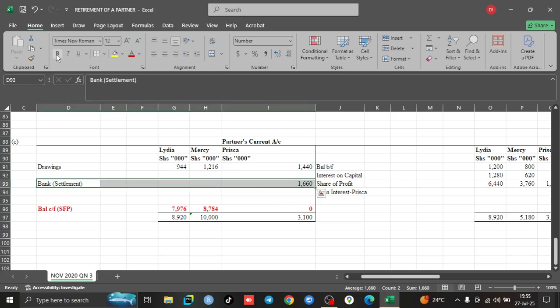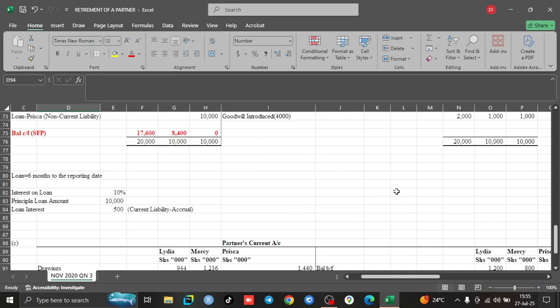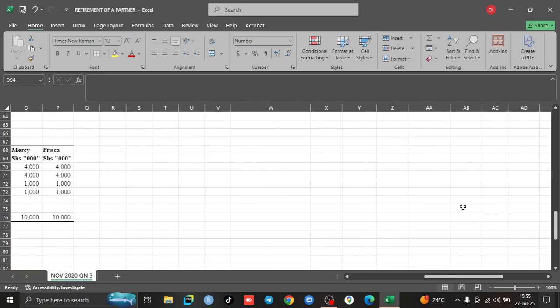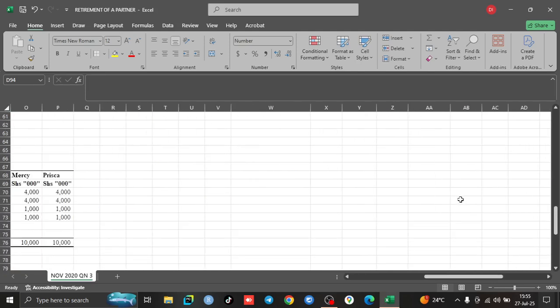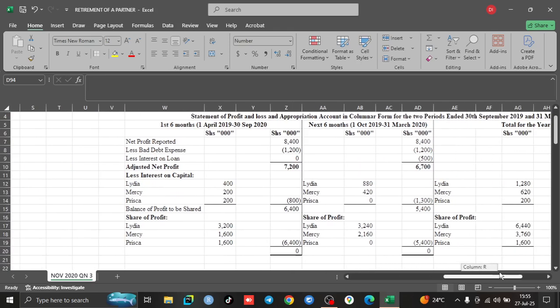We are going to indicate this one in the SFP, deducted from the current assets. So this is what we have: a current account, the capital account, the statement of profit and loss. So you can now comfortably prepare the statement of financial position.